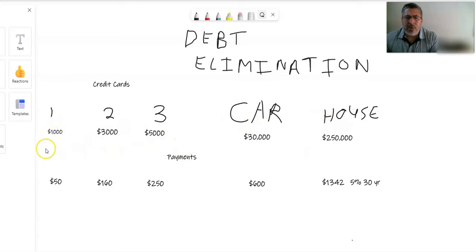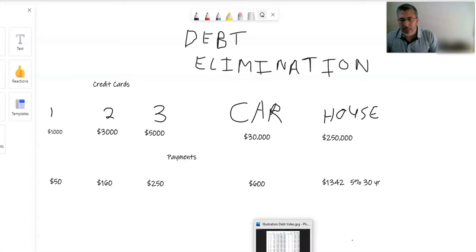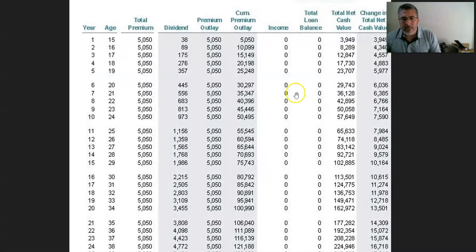The reason you do this is that if you eliminate this $1,000 card, you stop using that card, of course, and that $50 a month now gets applied over here in a way. It's a little different in this case, because you would take this $50 a month and reallocate it somewhere else.